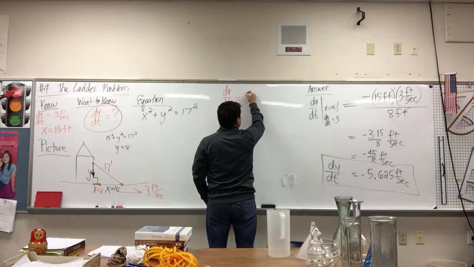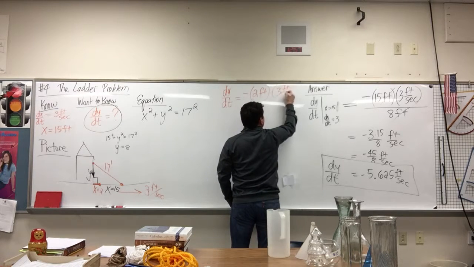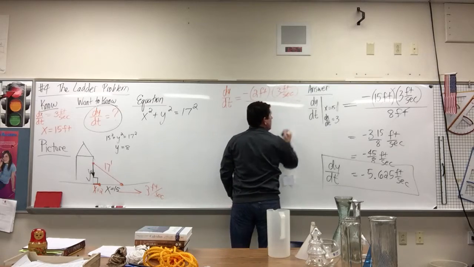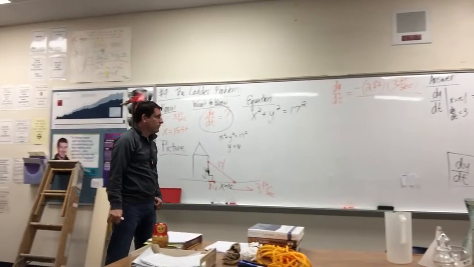now with this new problem, it's negative 2 feet times 3 feet per second. And what number is going to go there? This is where you're going to need a little calculator action for that one.